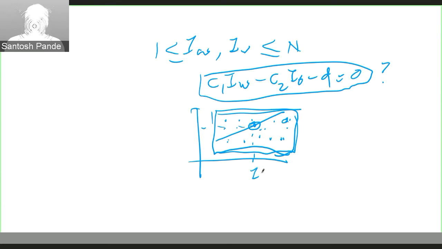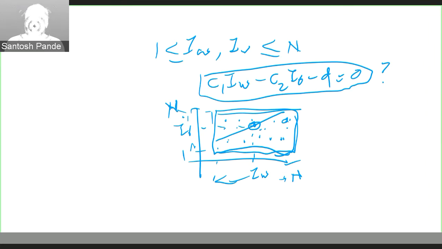This is maybe my IW, this is IR, this is my N, this is my 1, this is my 1, this is my N. So you can see that IW is bounded here and IR is bounded, and that defines this grid of integral points here. And this line is representing an integral thing. I have shown it as a continuous one here, but it's not. It evaluates to integers, as you can imagine here.